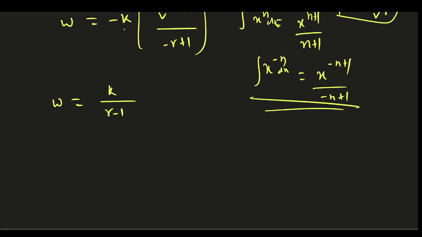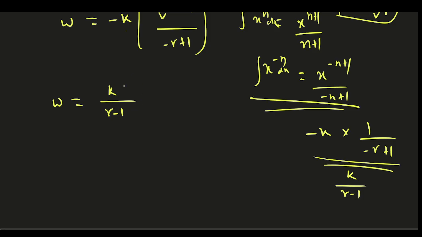If you take the negative here, then k will get positive, and gamma minus 1. So basically minus k into minus gamma plus 1. Then I take the negative here, k over gamma minus 1. So if we multiply with this, then we get this value, which is V to the power minus gamma plus 1, over gamma minus 1.